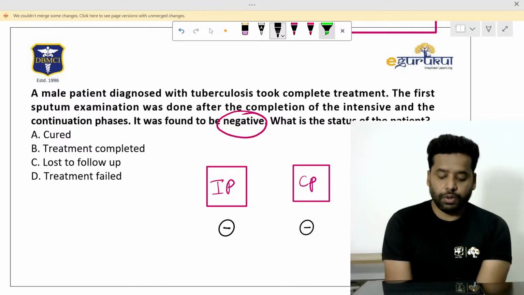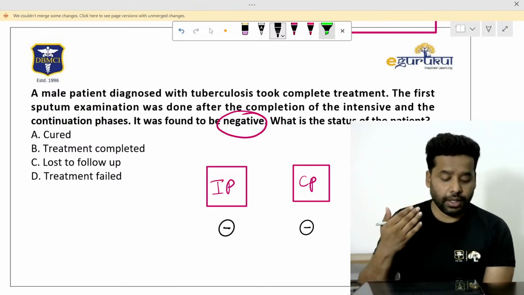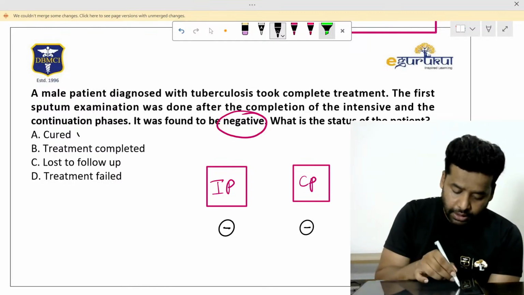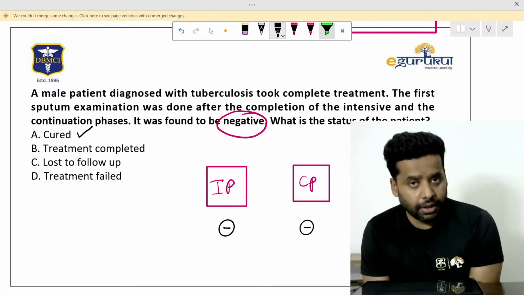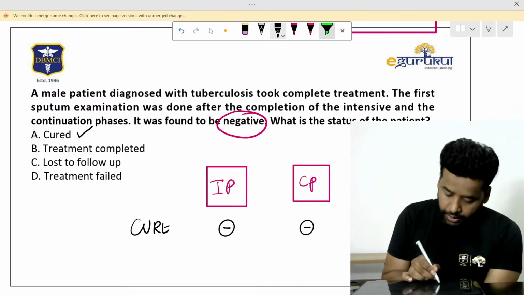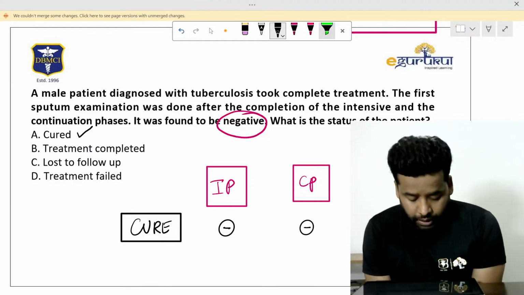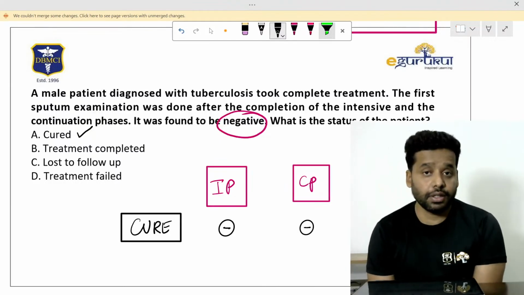Usually in the outcome, you should know the difference between cure and completed. If both the samples are negative, that is, negative after treatment as well, intensive phase results are negative and after treatment completion also negative, then it is cure.